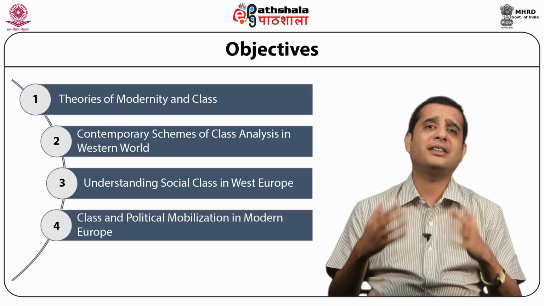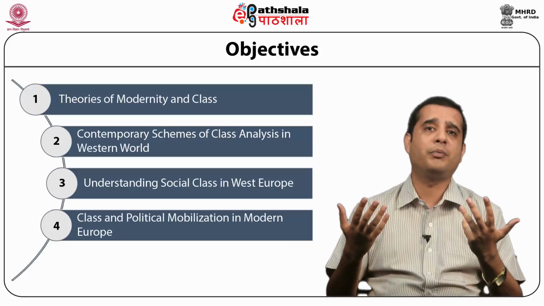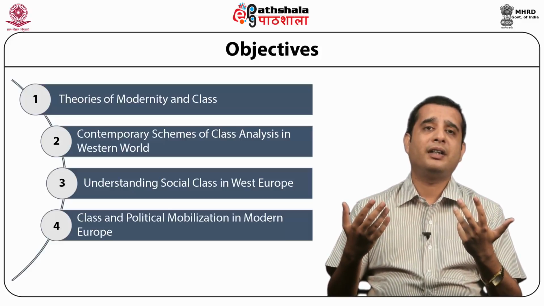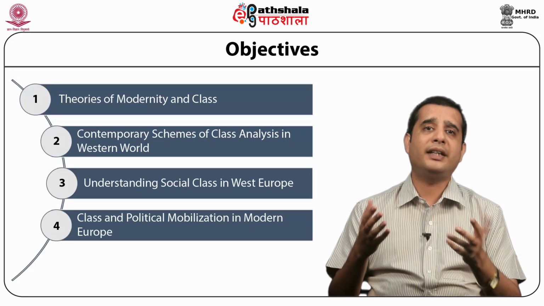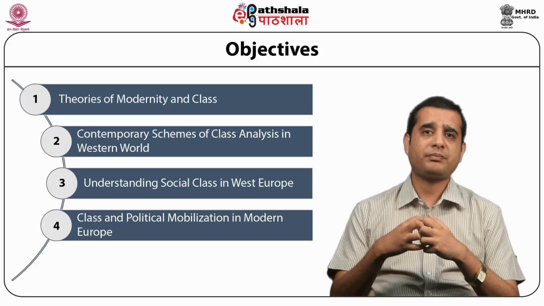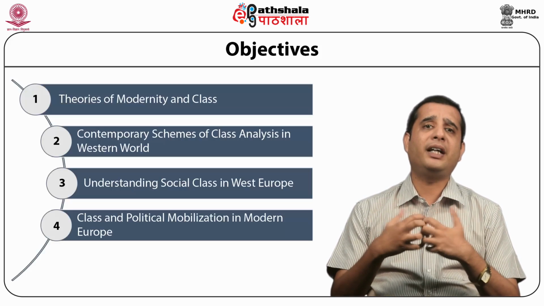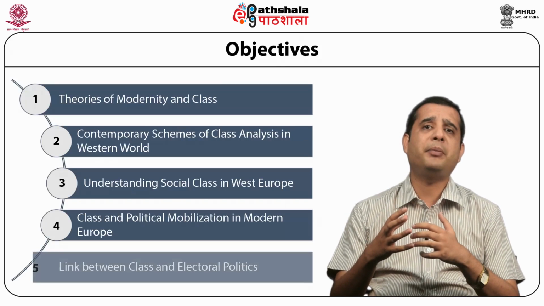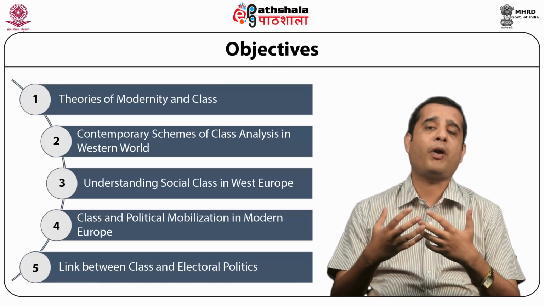As we know, class is a very important source of political mobilization, as the political parties have exploited the cleavages based on class to get the votes of the people. And subsequently, we would find that there is a clear-cut and a conceptual link between class and electoral politics.